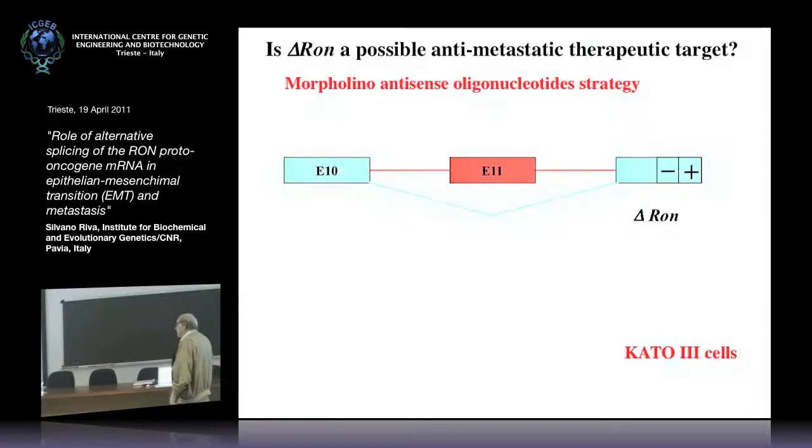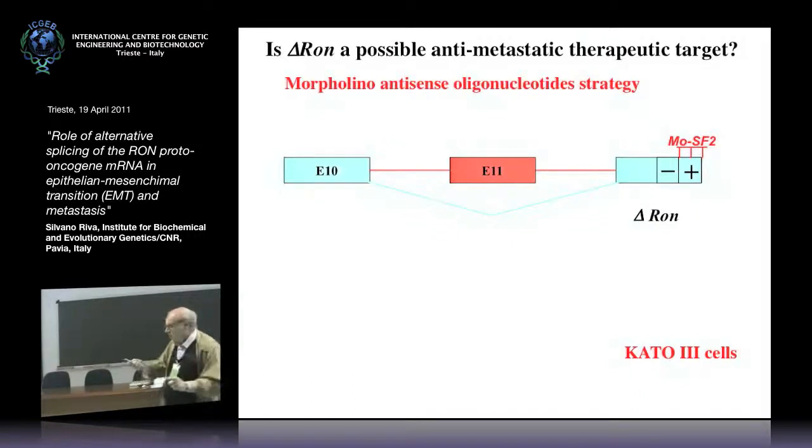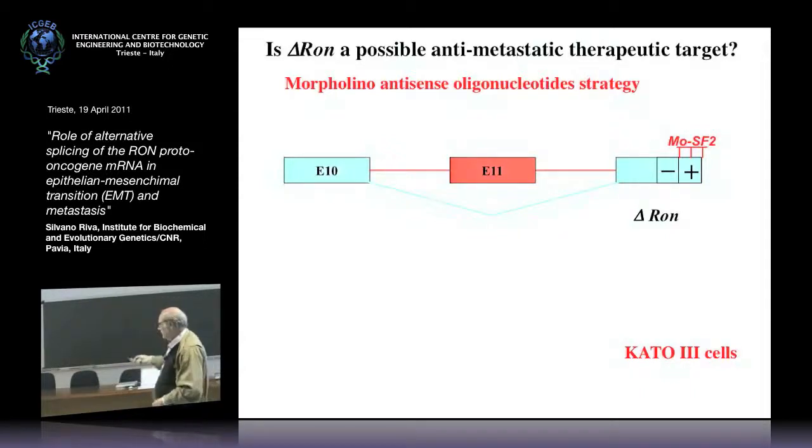One possibility is to use morpholino antisense oligonucleotides. Morpholino oligonucleotides are modified oligonucleotides. They don't have the usual ribose. They have another molecule in order to prevent degradation. You know, when in the cells you have an antisense oligonucleotide, the RNase H degrades everything.